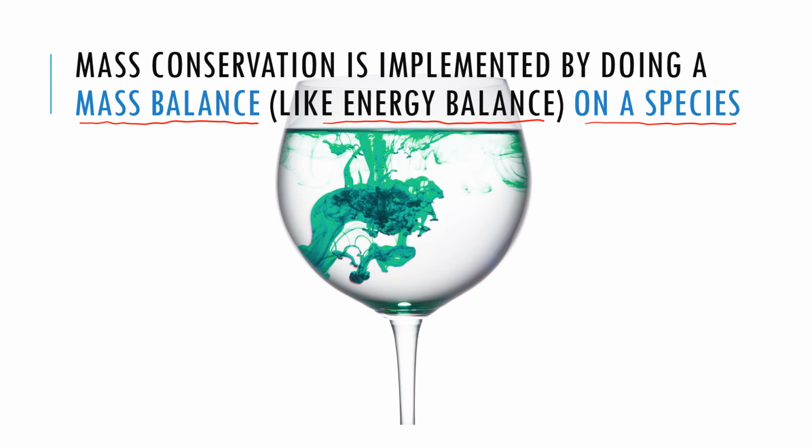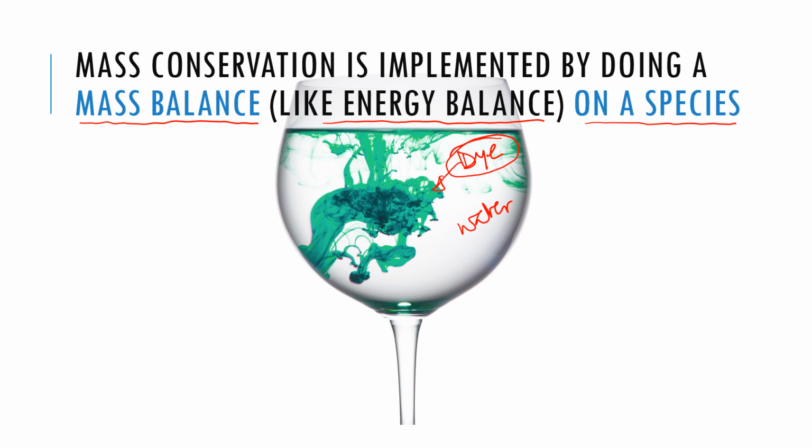So here we have water and we have a dye. The dye is diffusing in the water, or it's also moving with the water. And it is the dye that is the species on which we are going to do a mass balance and develop the mass conservation equation.